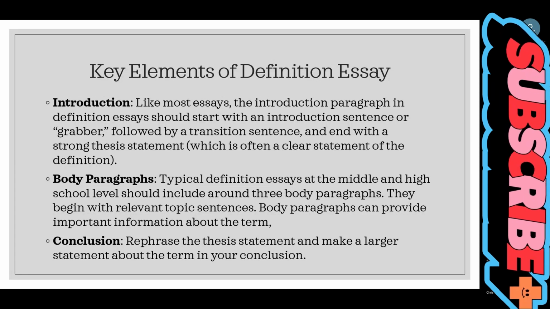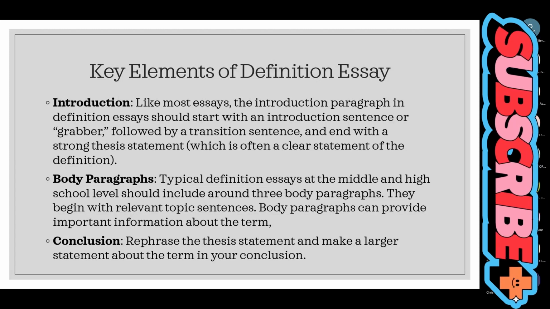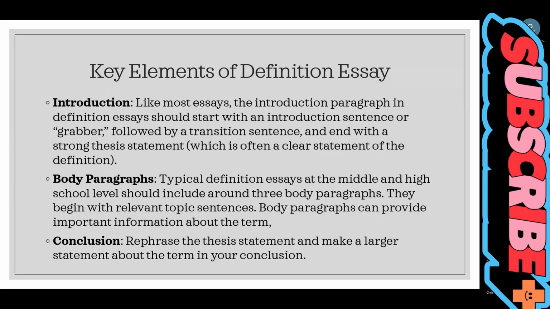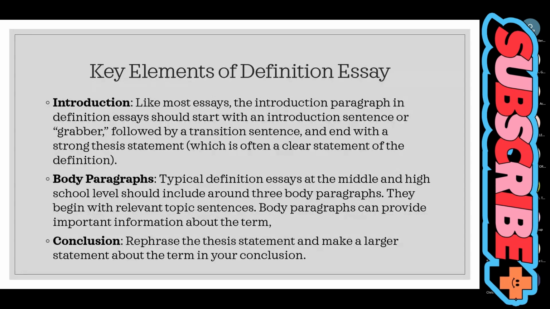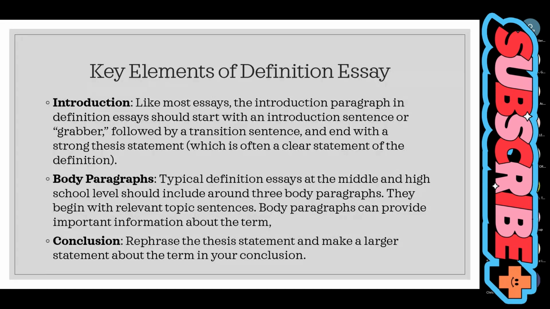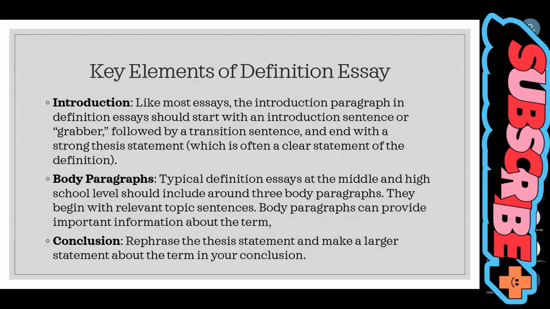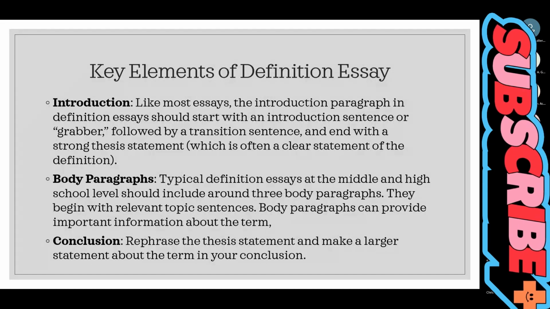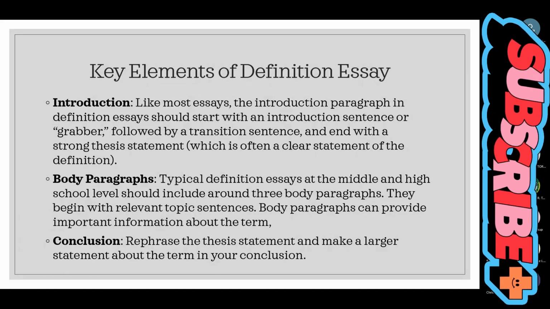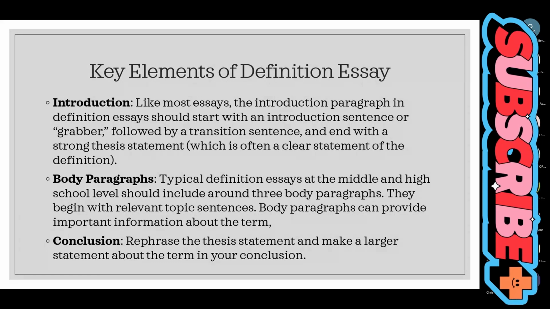But anyway, every paragraph in the body paragraphs must have a topic sentence. So what is a topic sentence? A topic sentence contains the main idea of a paragraph followed by supporting details. So when you make your body paragraphs, let's say you are in the second paragraph, it should begin with a topic sentence.